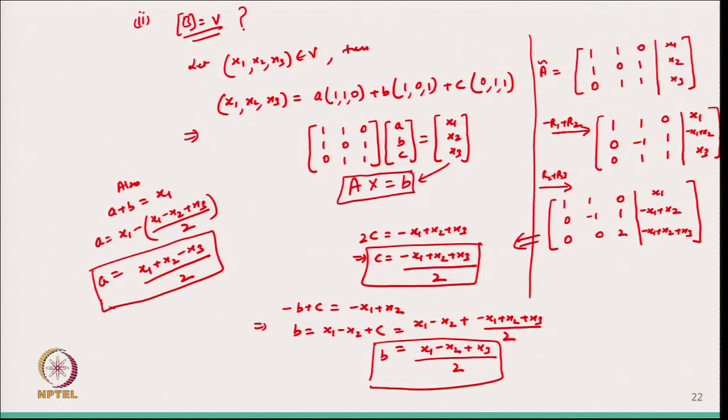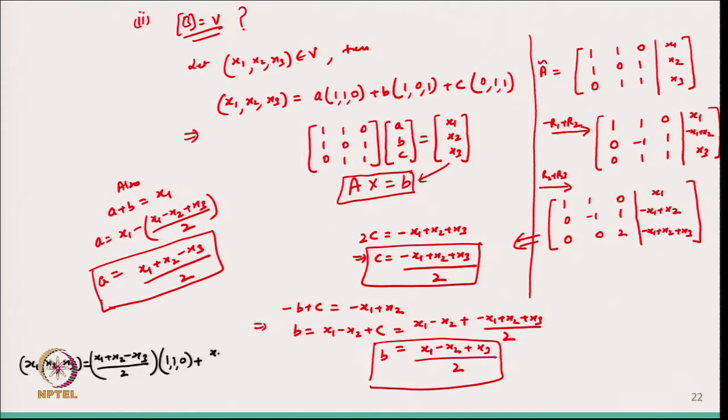Now, you can write down that from here we can write. So, I can write from here that my x1, x2, x3 can be written as, so A is this one. So, it can be written as x1 plus x2 minus x3 by 2 times 1 1 0.